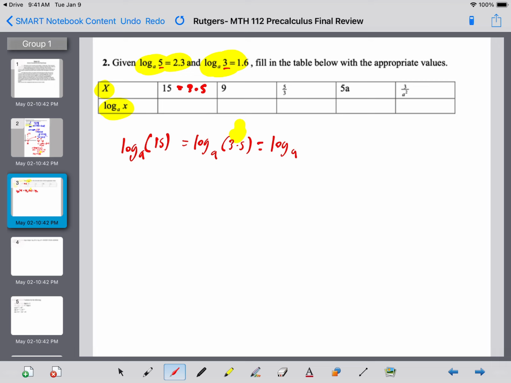That is called your product law of logarithms. Okay? So log base A of 3 is 1.6. Log base A of 5 is 2.3. You add those up, and you would get 3.9.